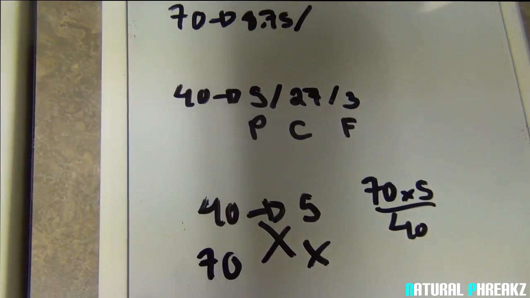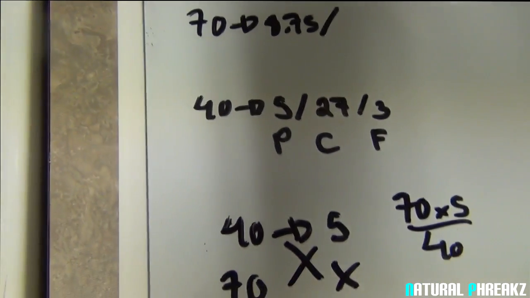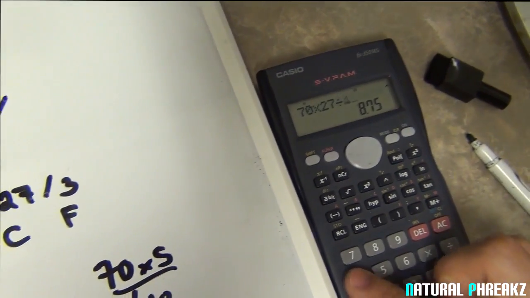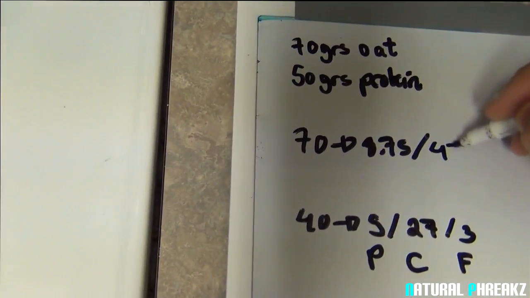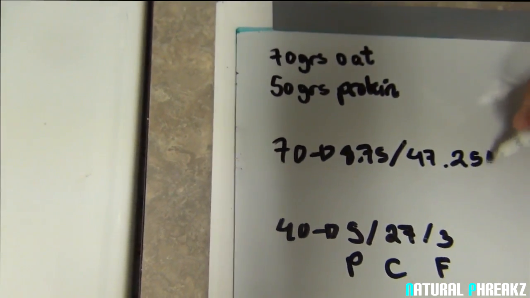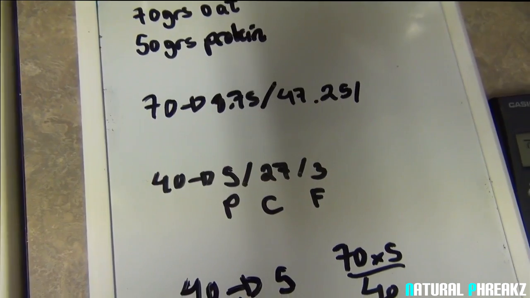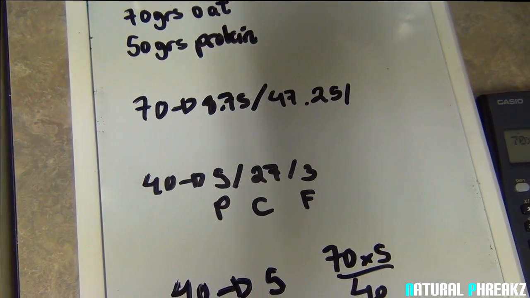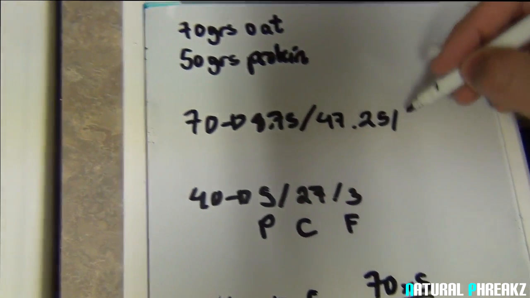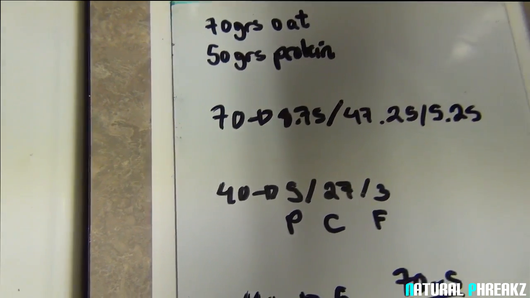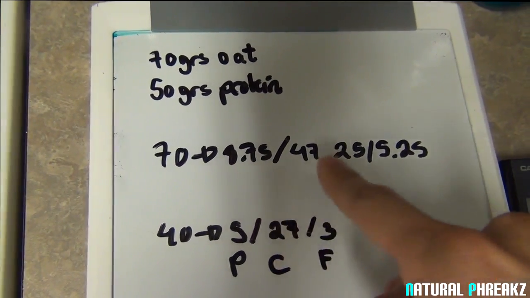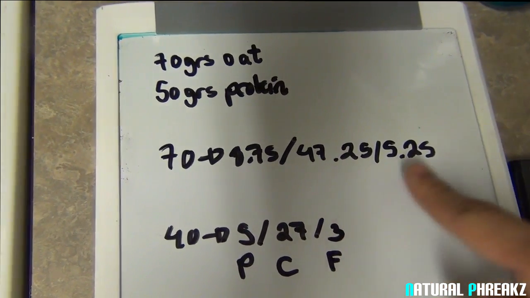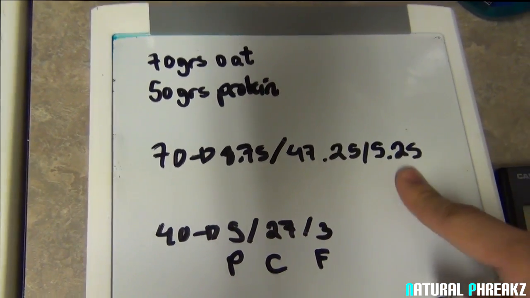So again, 70 times 27 in this case divided by 40, you get 47.25. And then again with fat, 70 times 3 divided by 40, you get 5.25. So from the oats, I'm eating 8.75 grams of protein, 47.25 of carbs, and 5.25 of fat.